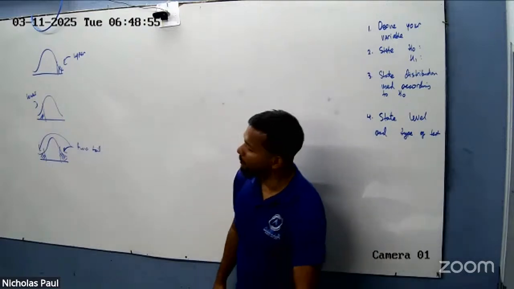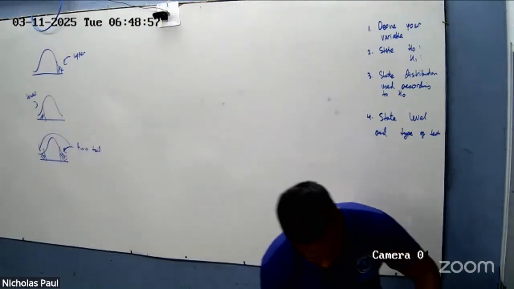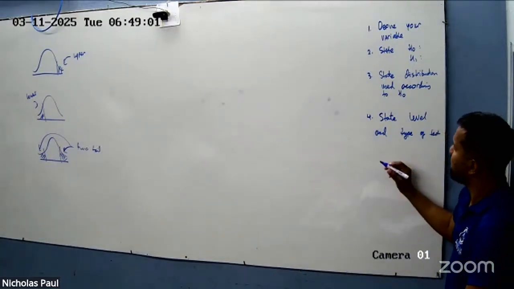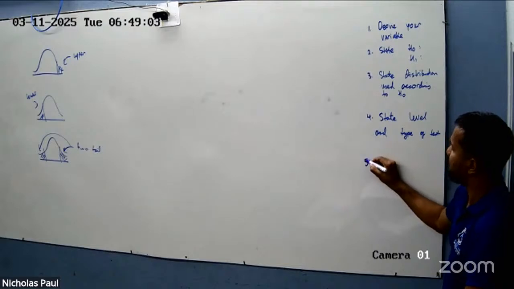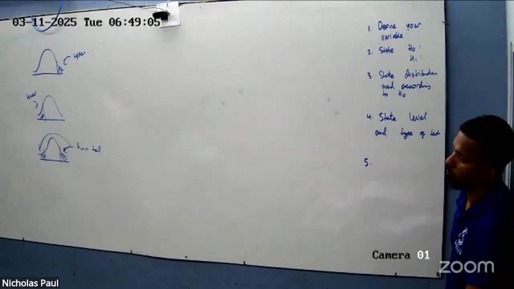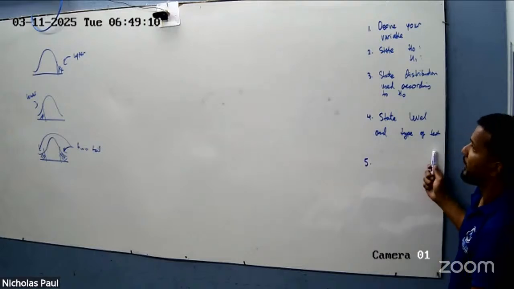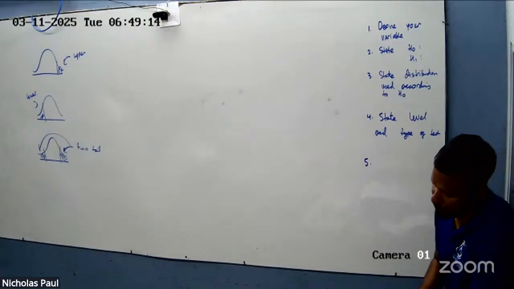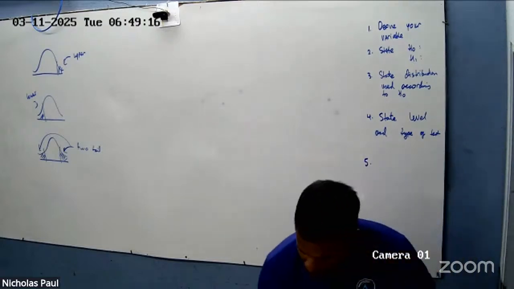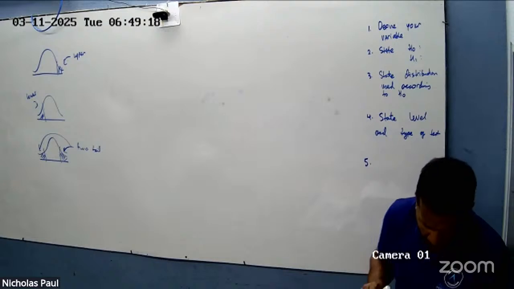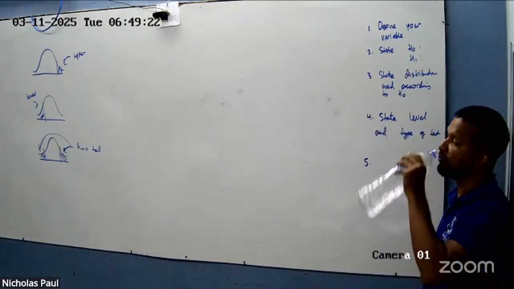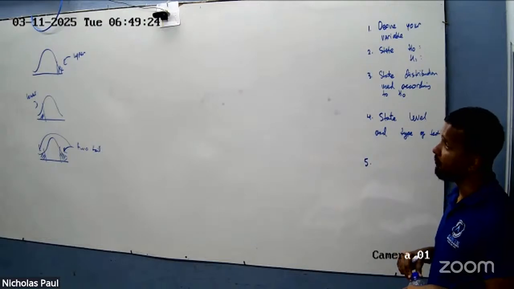What's step number 5, Amber? What is step number 5? Right, after you state your level and type of test. Amber.